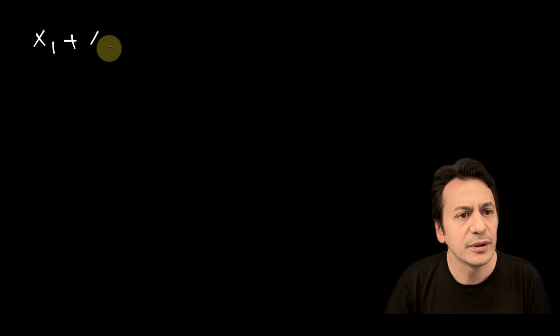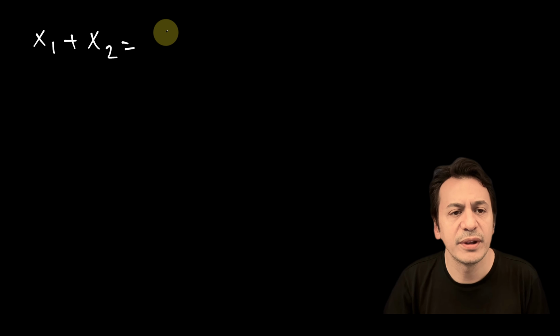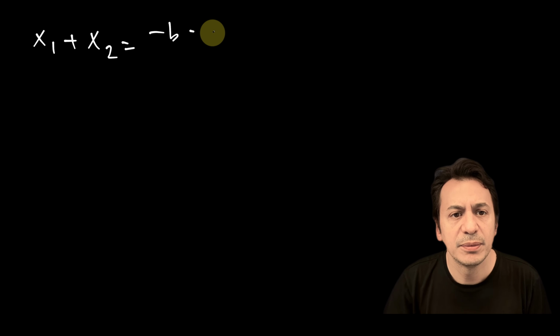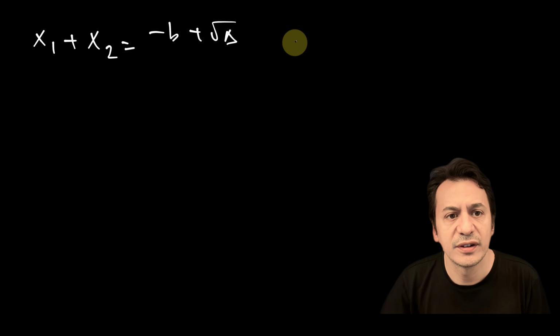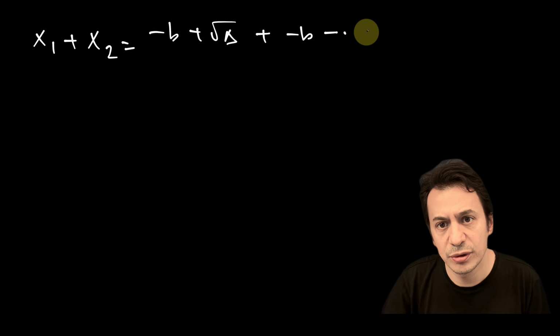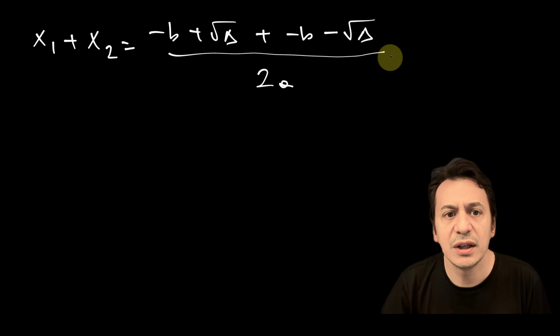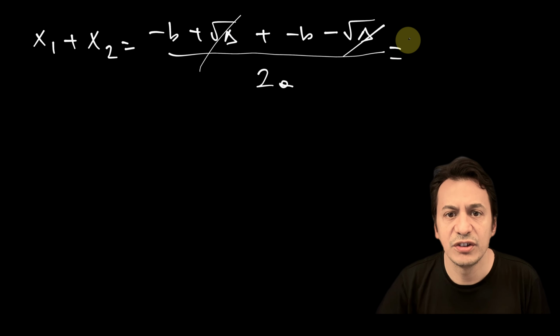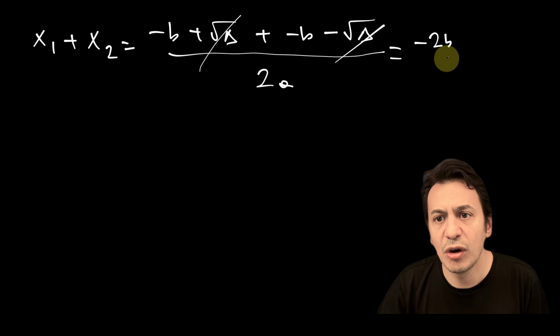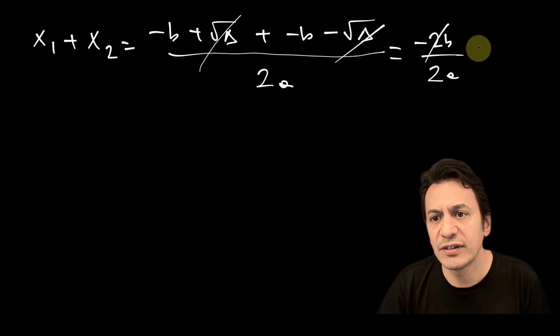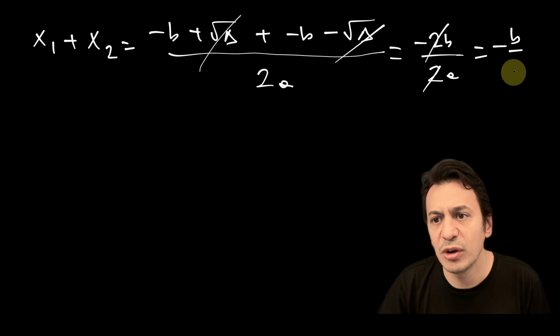x1 plus x2 equals, well, let's write them down. Minus b plus the square root of delta, and plus minus b minus the square root of delta, over 2a equals, these cancel out each other, minus 2b over 2a, these cancel out, and it's minus b over a.